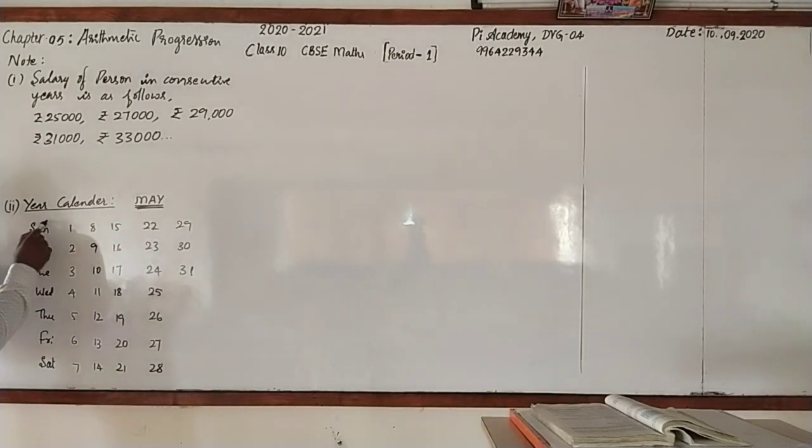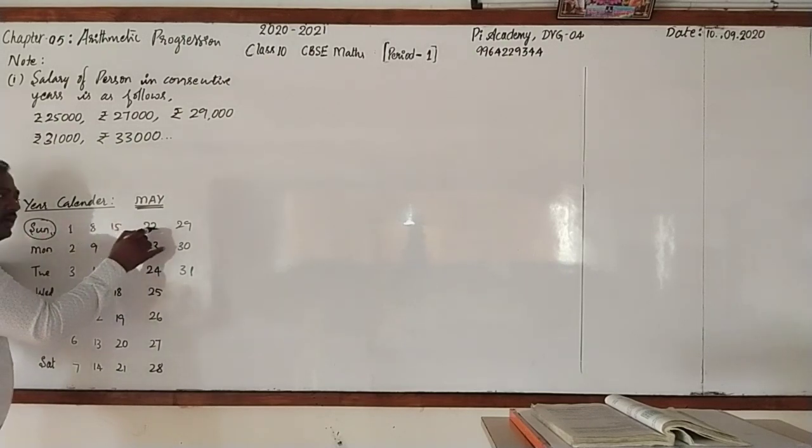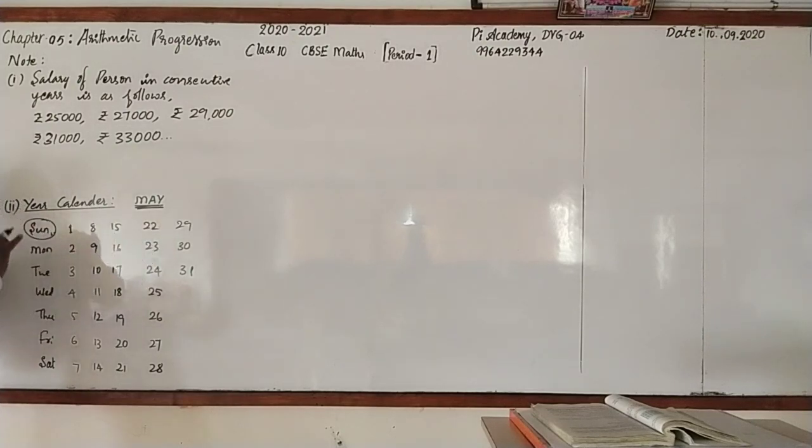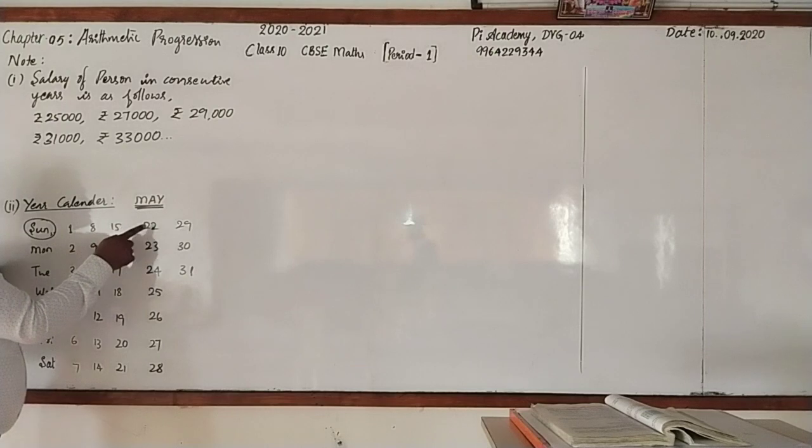Look here, the first day is Sunday. Again on 8th it is Sunday. Again 15th is Sunday. On 22nd again it is Sunday. Sunday is being repeated after how many days? Yes, after every 7 days.